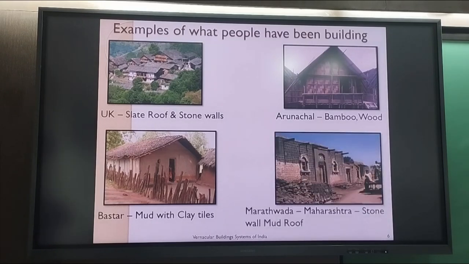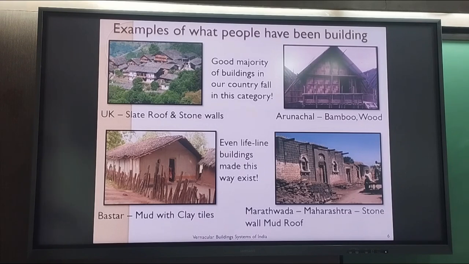And in Marathwada, which is on the Deccan Plateau, you go 3 or 4 feet down and there is basalt. So basalt is most easily available, and you find houses with basalt stone walls and mud roof. In non-urban areas, the majority of buildings even today are made of these materials, although it is changing. And even the lifeline buildings are made of this kind of material.